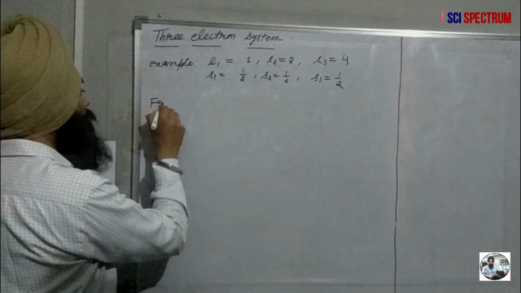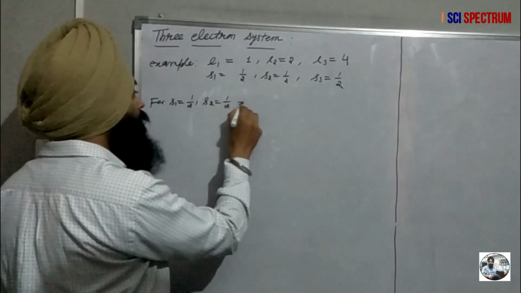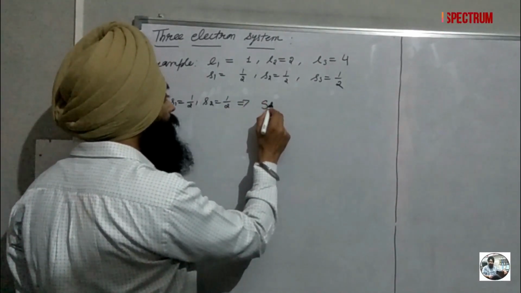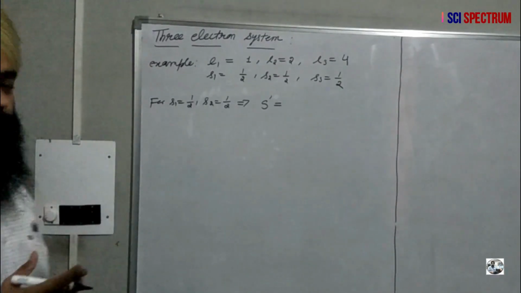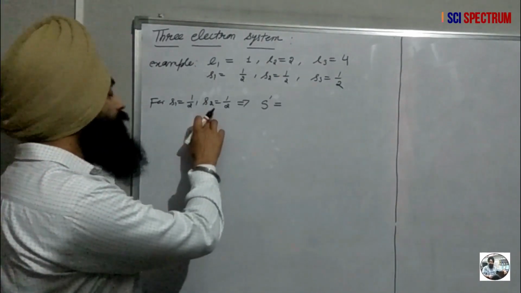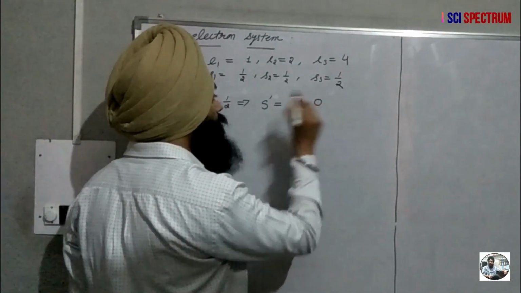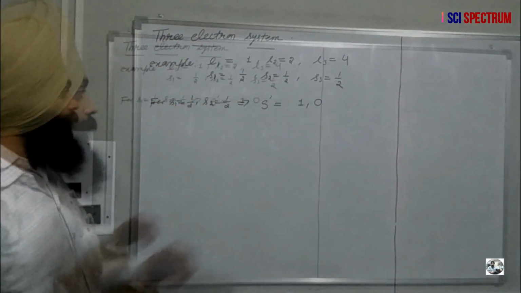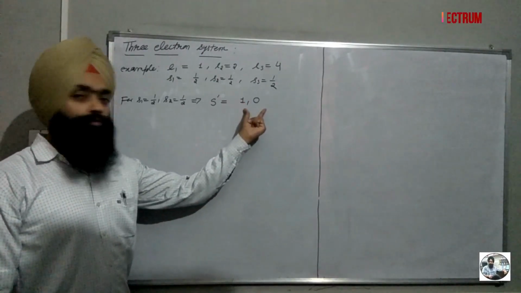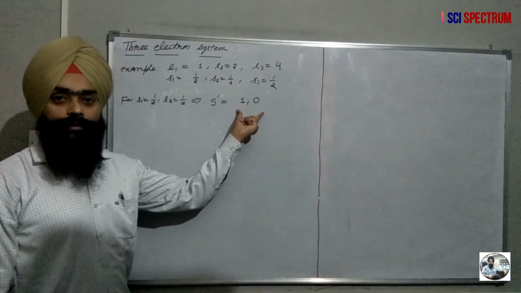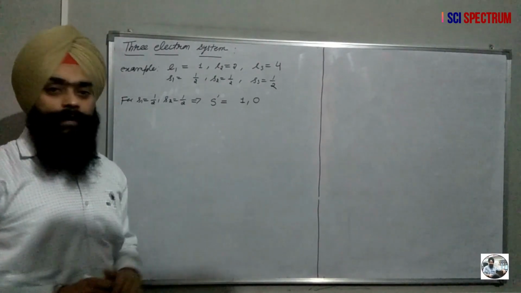For S1 is equal to half, S2 is equal to half, we have S dash is equal to, according to LS coupling, S1 plus S2 to S1 minus S2 mod, we have 1, 0 value. If you do not understand how I calculated this value, you can go to our previous lecture of term value calculation. You will learn how to find out S dash equal to 1 and 0.